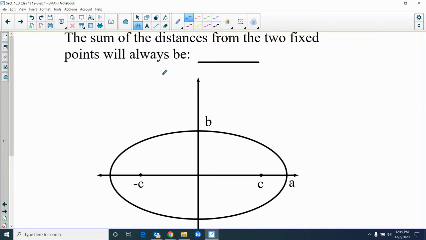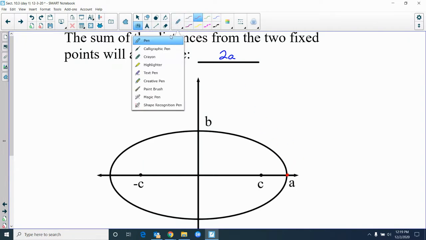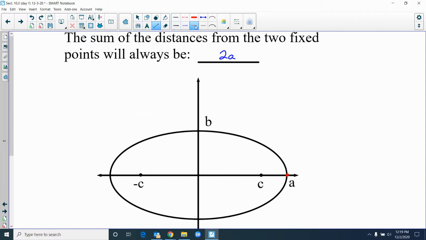The sum of the distances from the two fixed points will always be a constant, and that constant is always going to be 2a. Let me do a real quick explanation. If I go to any point, like this one right here, I add the distance from this focus and then from this other one.